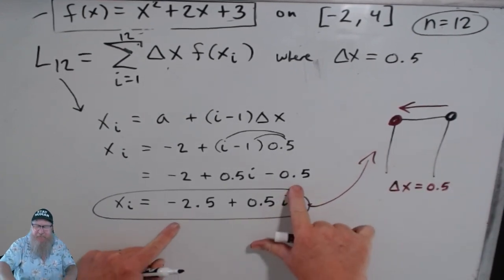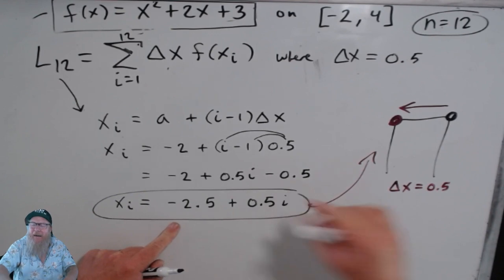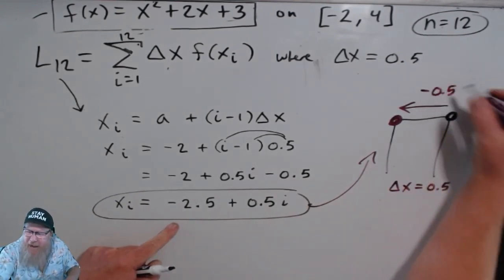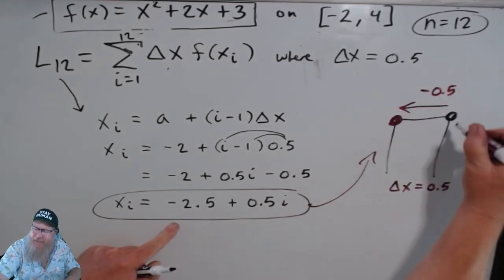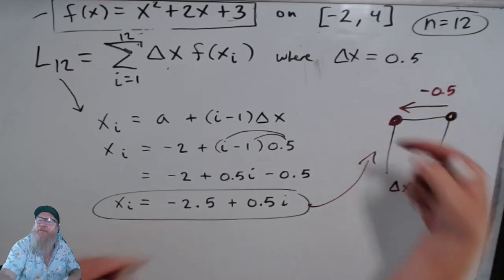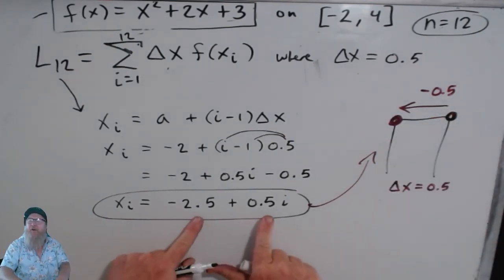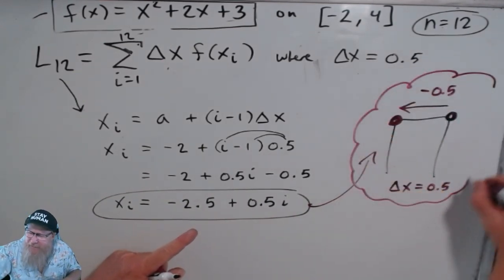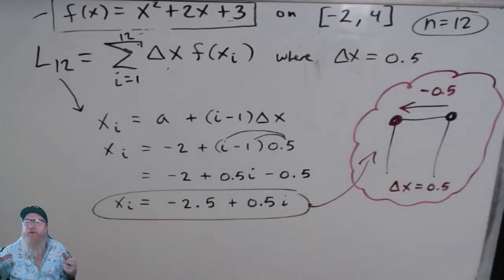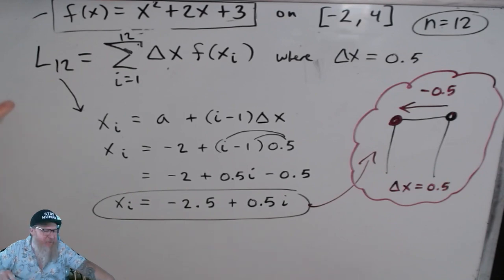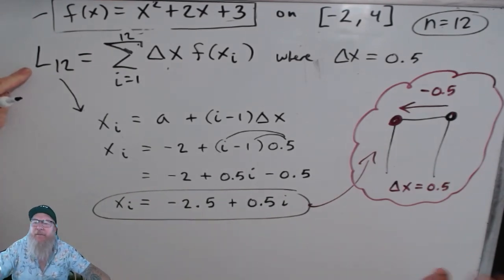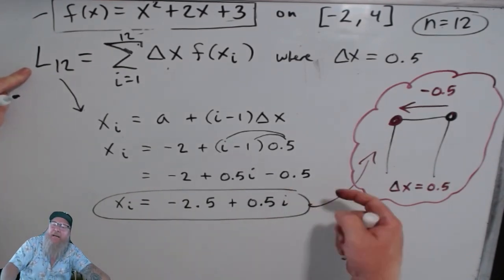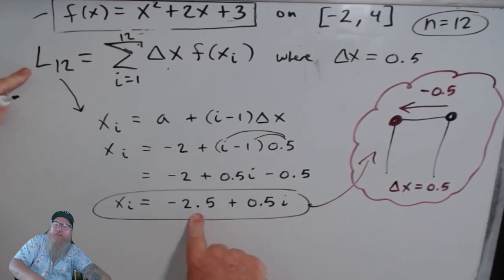So look, you see that minus 0.5? So minus 0.5 shifted the dot from the right corner over to the left corner, and this is your new formula. If you really have a good intuitive sense of the geometry of what's going on, when I say find the left, if you've already done the right, you can just go right to here and then shift it to the left, and there's your new formula.